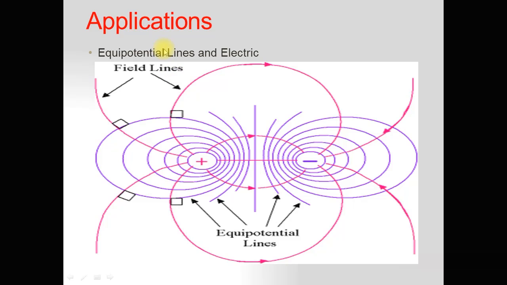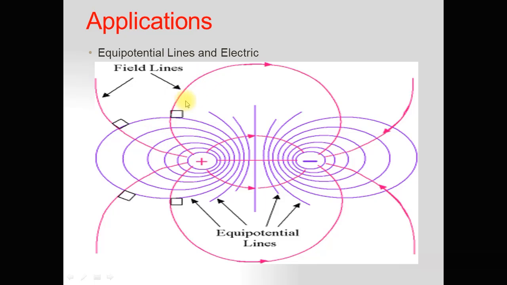Now some applications of orthogonal trajectories. Equipotential lines and electric field lines. The red color represents the field lines, and all these curves represent the equipotential lines. So dear students, note that these lines intersect the potential lines at 90 degree angle.